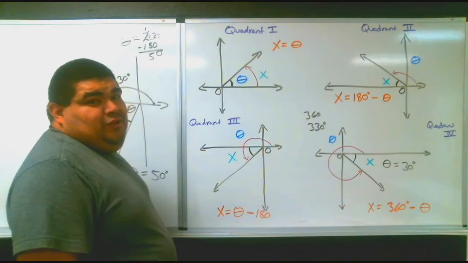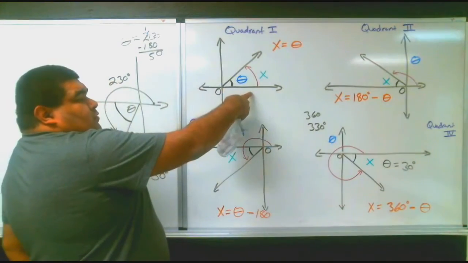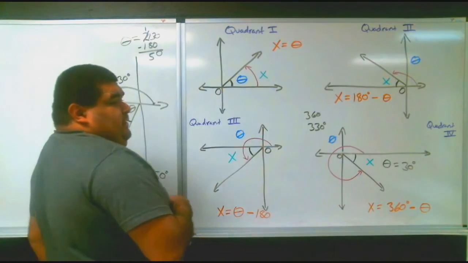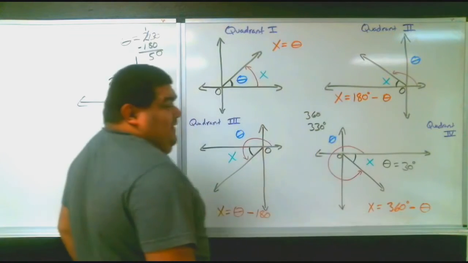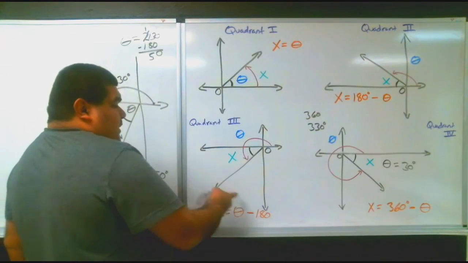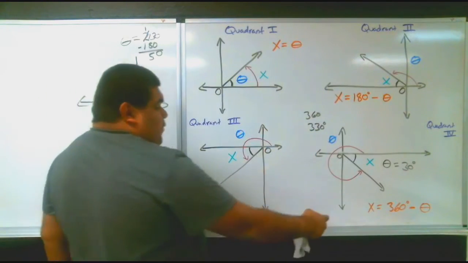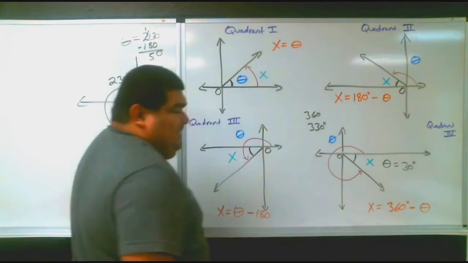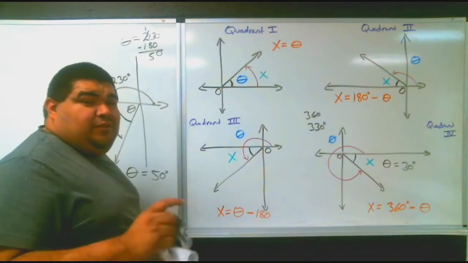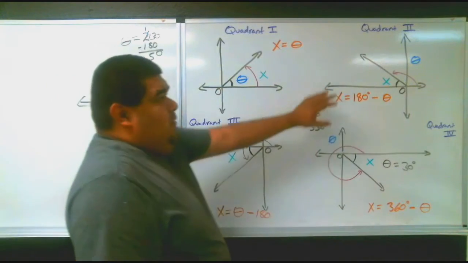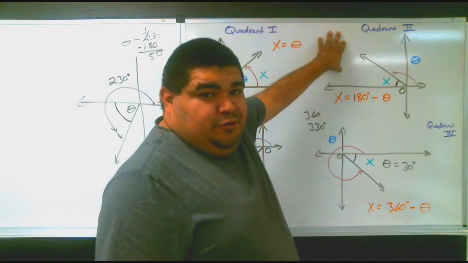Remember, 120 degrees. The first quadrant goes from 0 to 90. The second one goes from 90 to 180. The third one goes from 180 to 270. And the fourth one goes from 270 to 360. If we're dealing with 120, we have to use quadrant number 2.